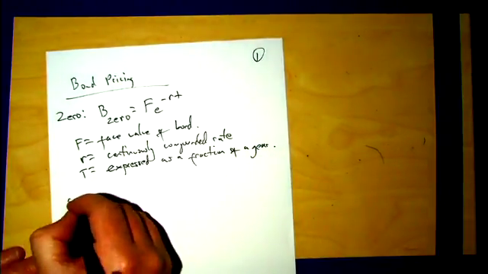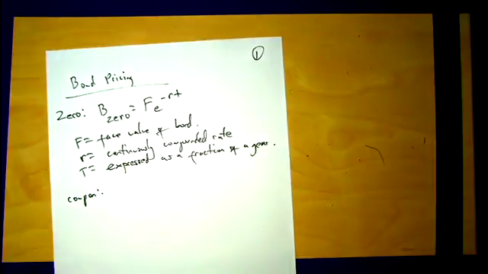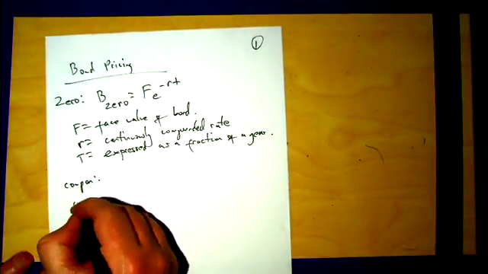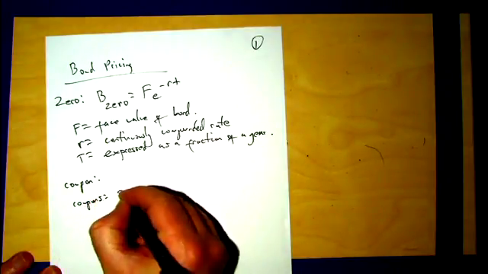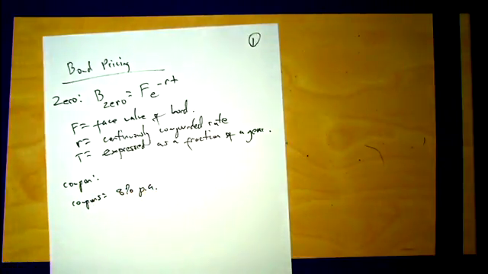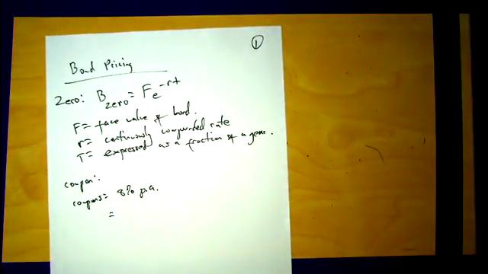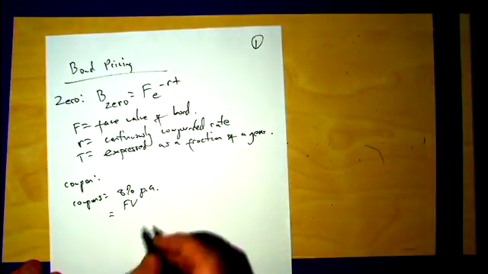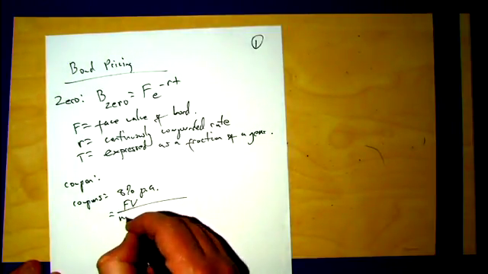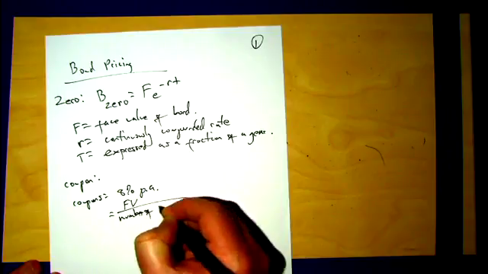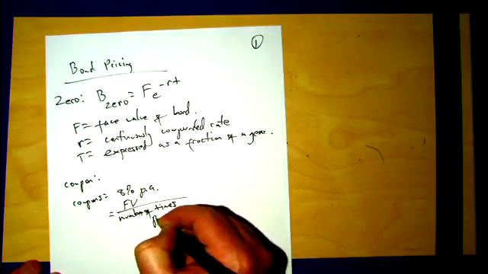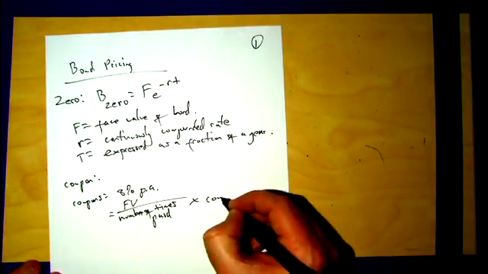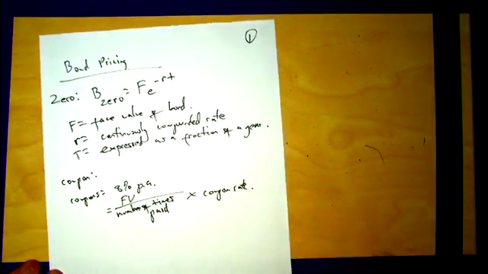And then my coupon paying bonds. In terms of the example you have in your lecture note, you're told that coupons are 8% per annum, and then just like in foundations of finance, to work out the value of the coupons, it's my face value of the bond divided by the number of times coupons are paid in a year, multiplied by my coupon rate.